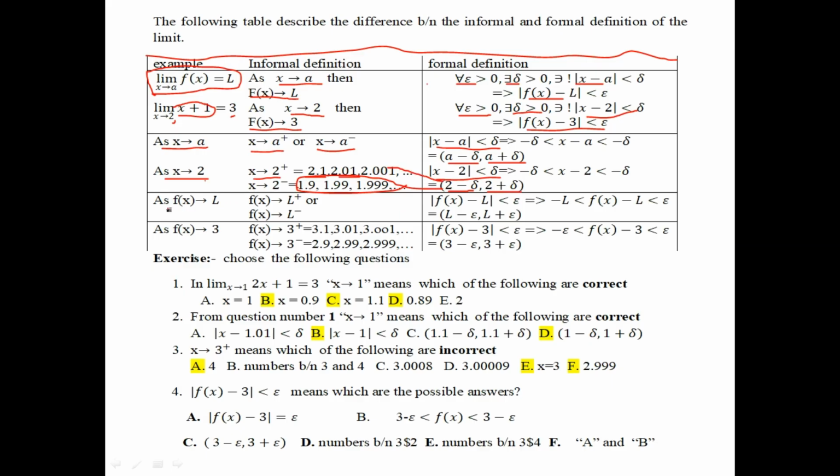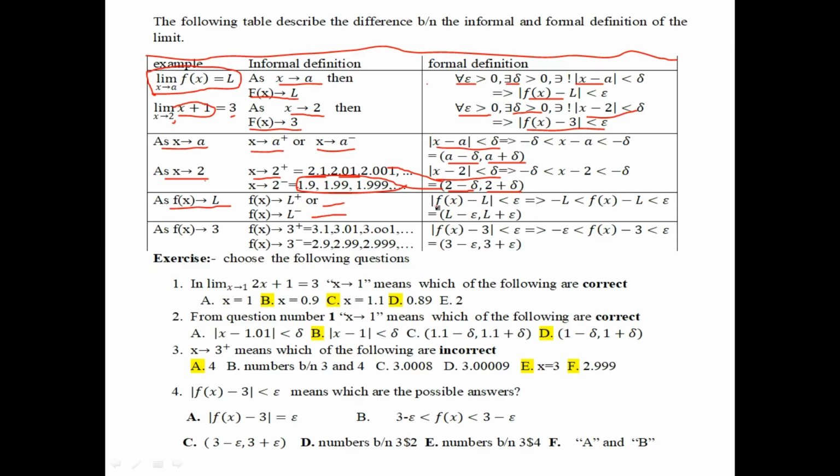Again, as f of x approaches L, in a sense, this is the same as f of x approaching L from the upper and from the lower side.